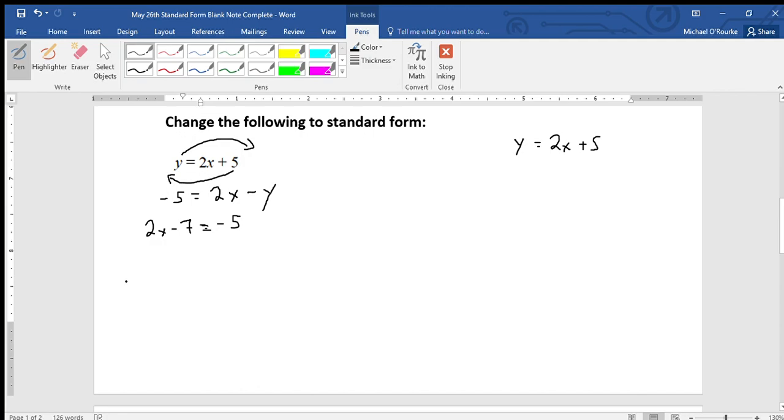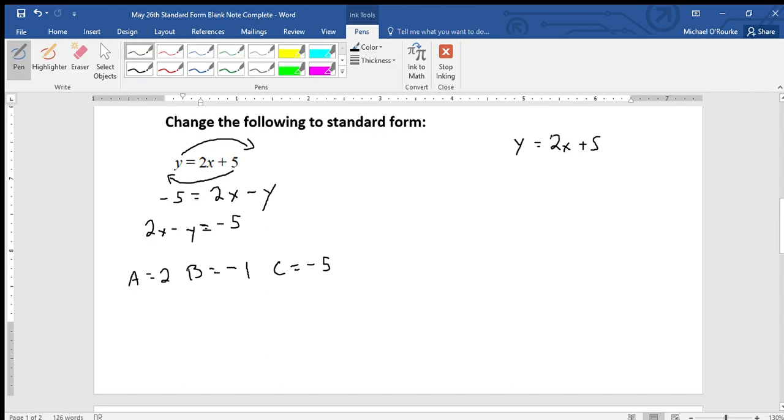And I could state my A is 2, my B is negative... Oh, shoot, I wrote down the wrong thing here. That is -y. So my B is actually -1, and my C value is -5. So that'd be my values for A, B, and C for this equation.